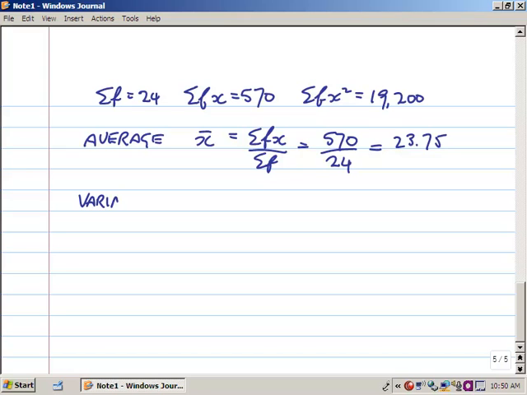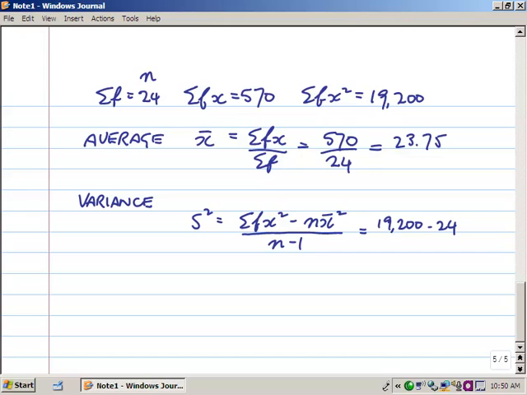Variance, s squared, is sigma fx squared minus n times x bar squared, divided by n minus 1. Sigma fx squared is 19,200 minus n. Remember, the 24, the sigma f, is also the n, times x bar, which is 23.75 squared, divided by n minus 1.